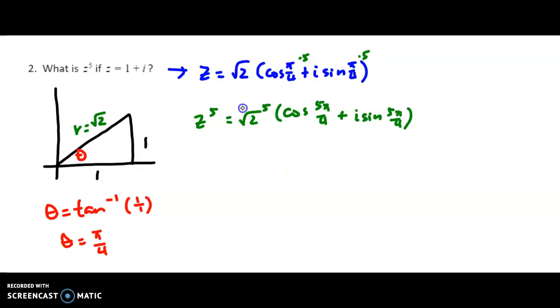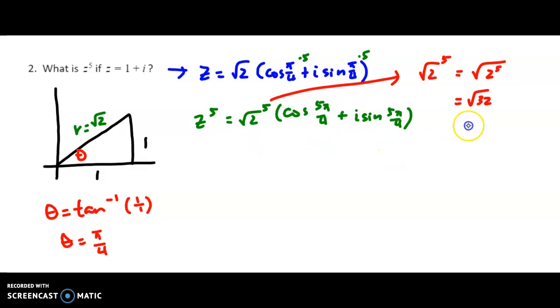Okay, now you could clean this up. One quick sidebar here is by exponent rules, when you have square root of 2 to the 5th, it's actually the same thing as square root of 2 to the 5th inside. So this is the same thing as square root of 32, okay?